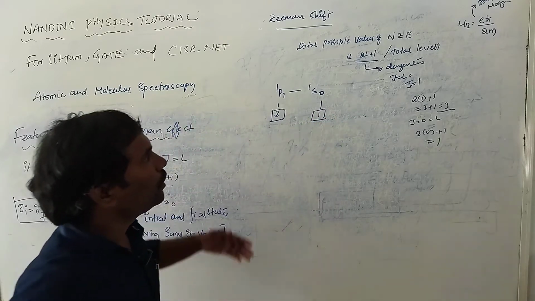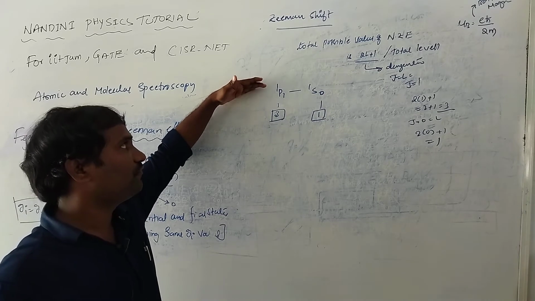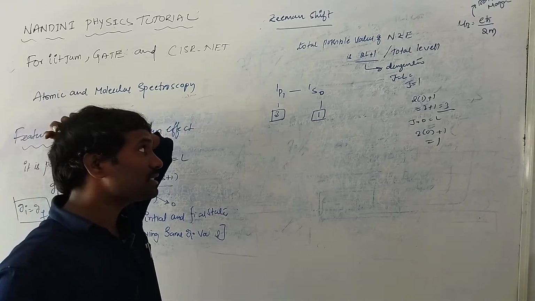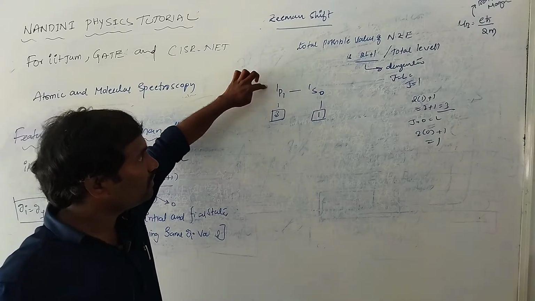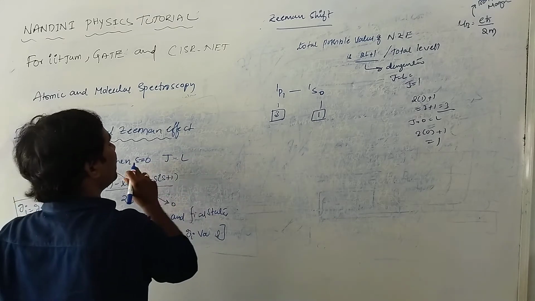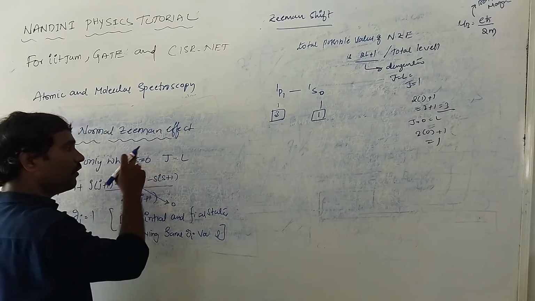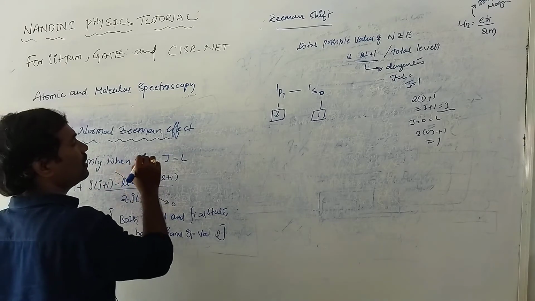So if you want to draw the Zeeman shift or Zeeman pattern of 1P1 to 1S0, the splitting is only possible when its multiplicity is 1. So it's one condition. How can you say that? Multiplicity 1 only exists in the normal Zeeman effect, meaning the spin is 0.